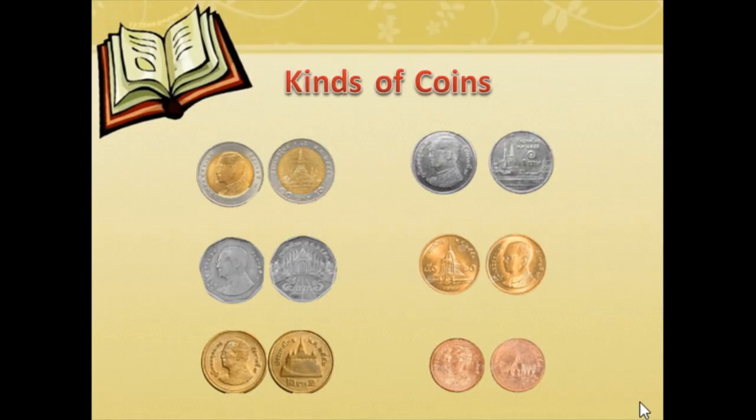In coins, the greatest value belongs to the 10 baht coin and the lowest value belongs to the 25 satang coin. For banknotes, the 1,000 banknote is of greatest value, while the 20 baht banknote has the lowest value.